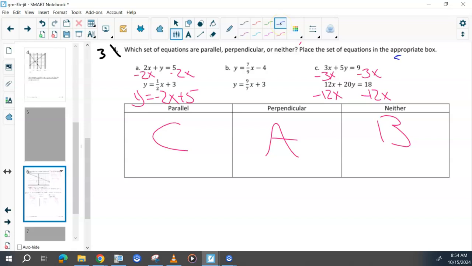So we have 5y equals negative 3x plus 9, and 20y equals negative 12x plus 18. And then you'll have to divide by 5 for the first one, by 20 for the second one, and simplify.